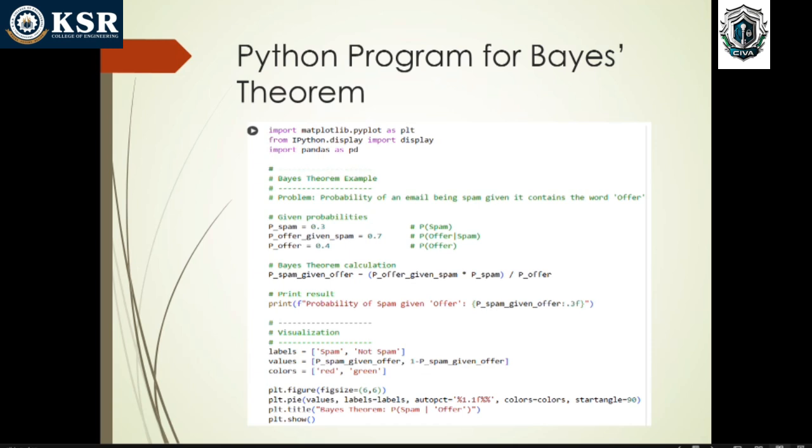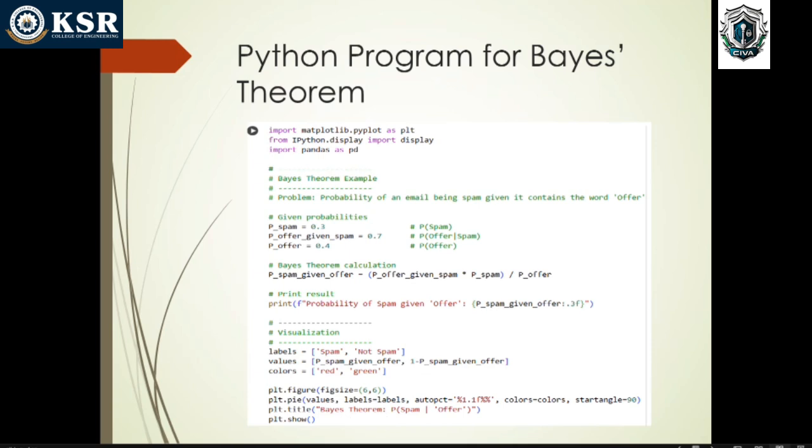Then for visualization, I use the labels spam and not spam, values, and the colors red and green. If the message is spam it is red, and not spam is green. After that I use a figure size of 6,6, then a pie chart, and I title it Bayes theorem, and use plot show to display the pie chart.